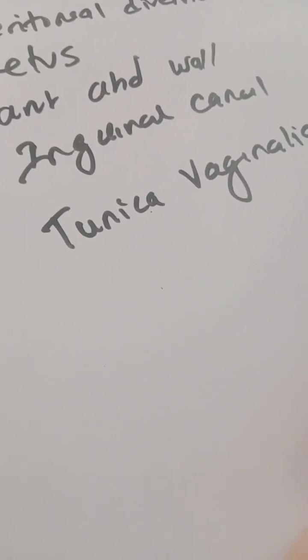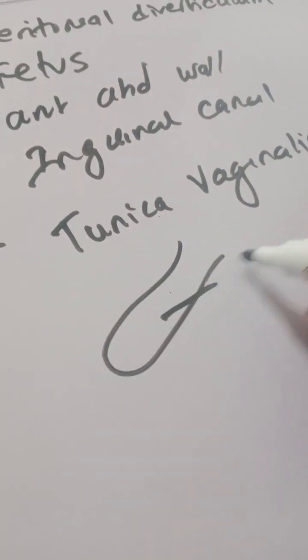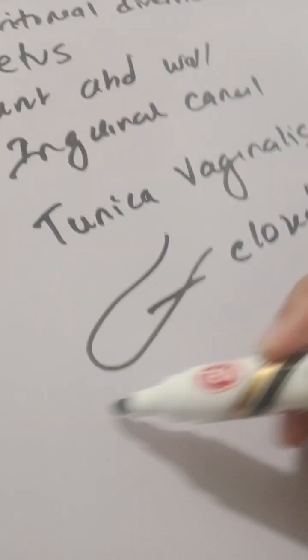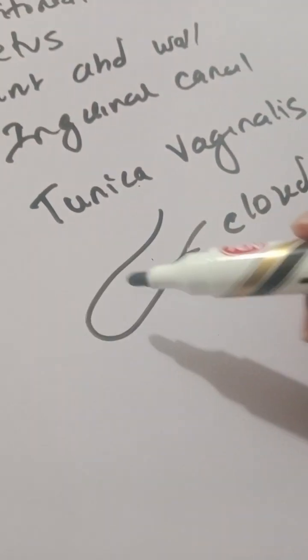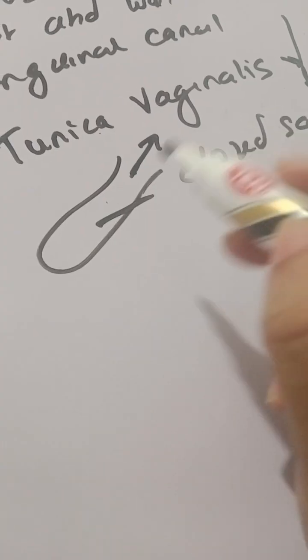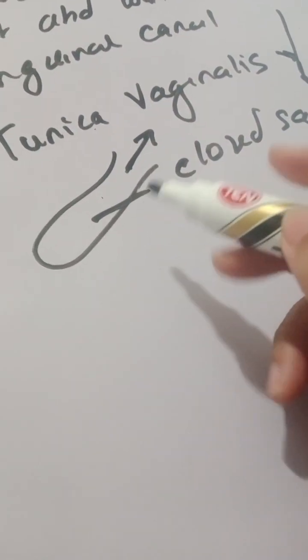The tunica vaginalis is thus a closed sac, because the lower end of the tunica vaginalis shuts off from the upper part of the processus vaginalis, which communicates with the peritoneal cavity. So it forms a closed sac invaginated from behind by the testis.